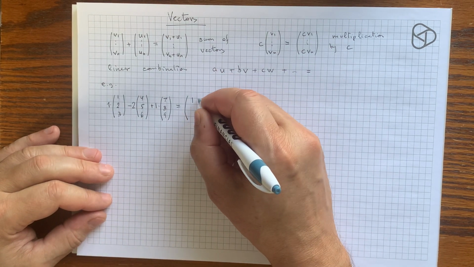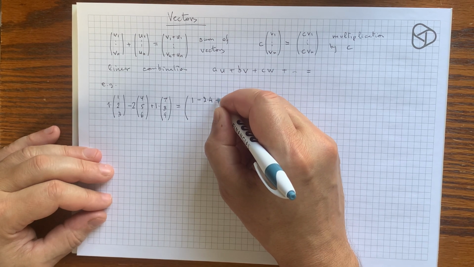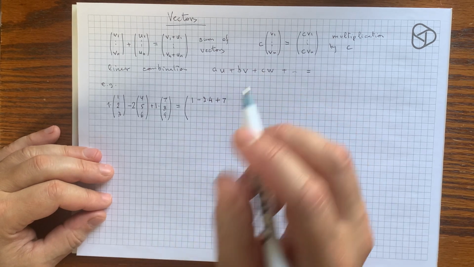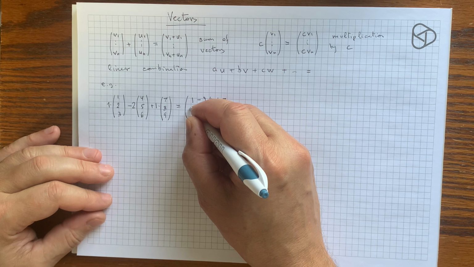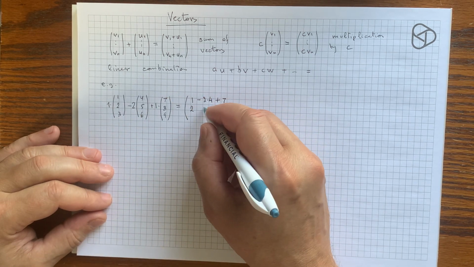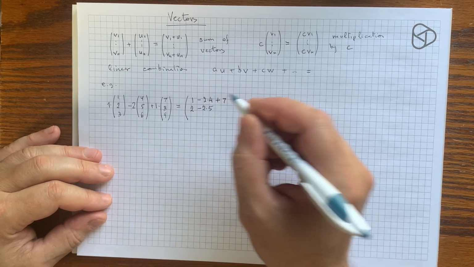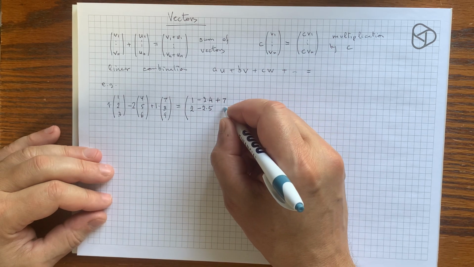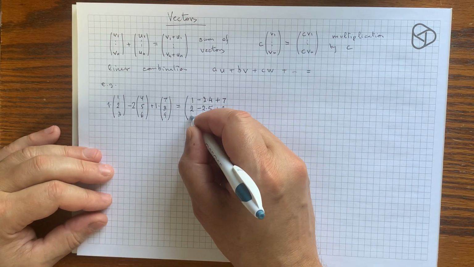So the total will be 1 minus twice 4 plus 1 copy of 7. In the second coordinate, we just do the same. The first vector comes with coefficient 1, of the second vector, which is this 5, with coefficient -2, and of the third vector with coefficient 1 again. And the same for the last coordinate.